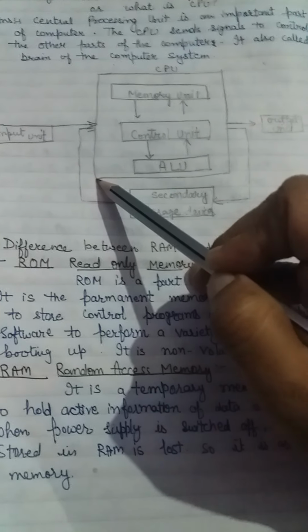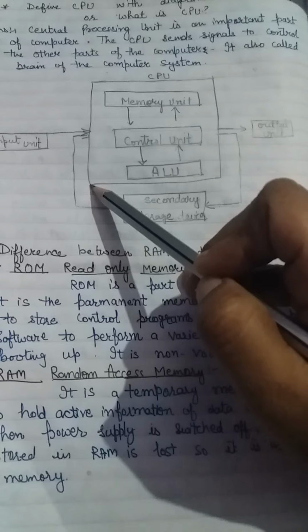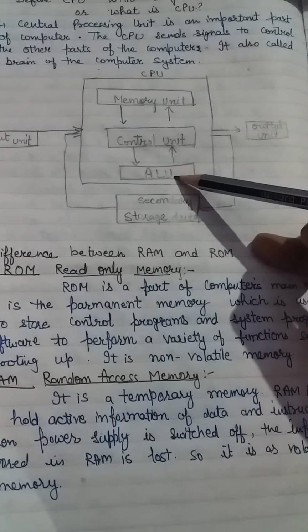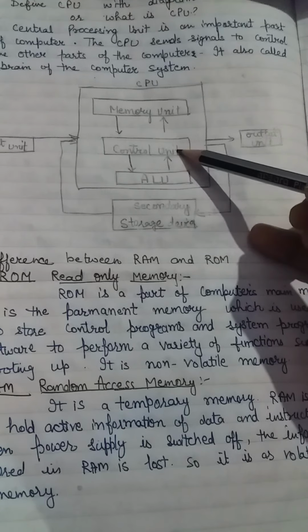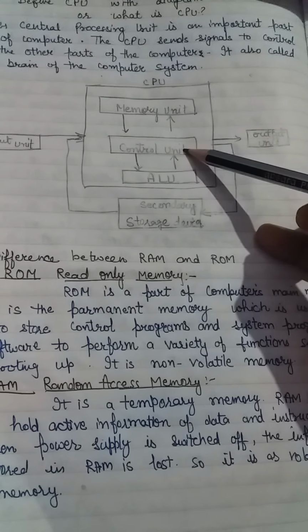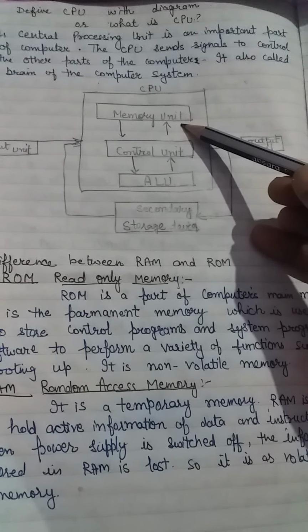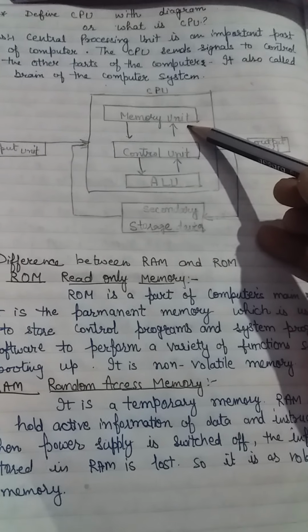The CPU functions with different parts. One is the arithmetic logic unit, the second is the control unit, and another part in the CPU is the memory unit.